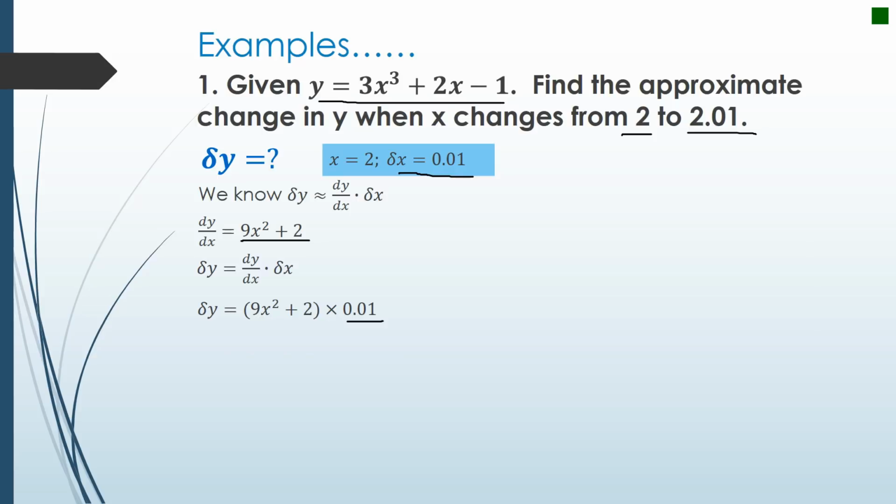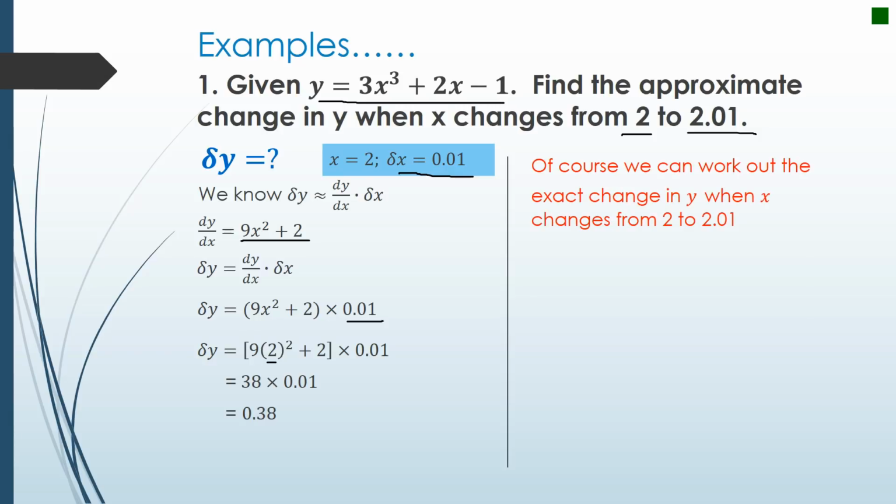Of course, we also need to substitute x equals to 2. So now we can calculate delta y, and we get delta y equals to 0.38. Of course, we can actually work out the exact change in y when x changes from 2 to 2.01.